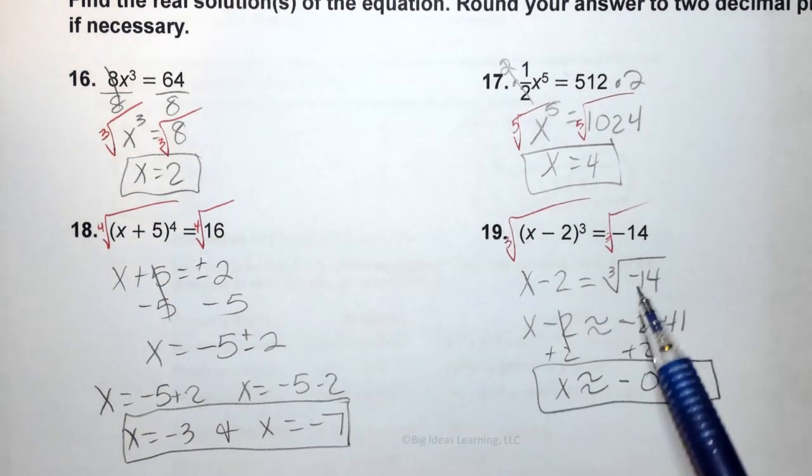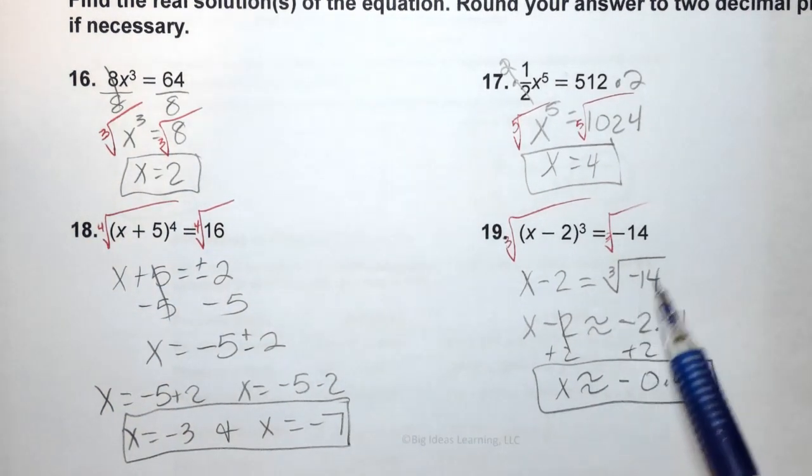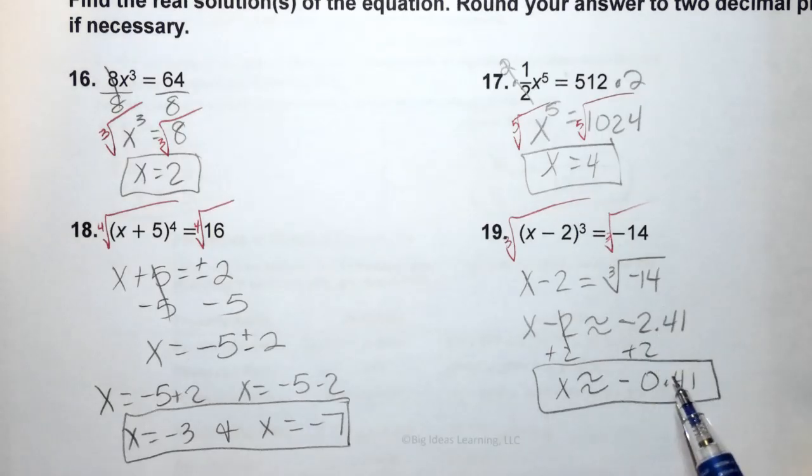Okay, so if you left this one as the cube root of negative 14, that's fine. In Big Ideas, they did simplify this. They did it in the previous one as well, I just didn't catch that.